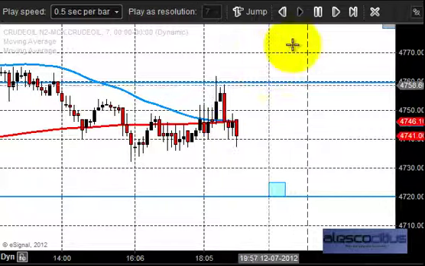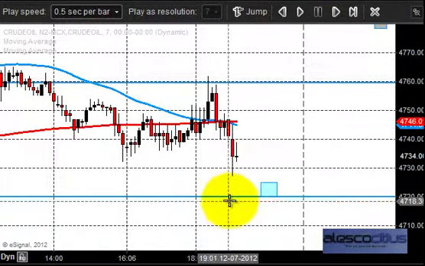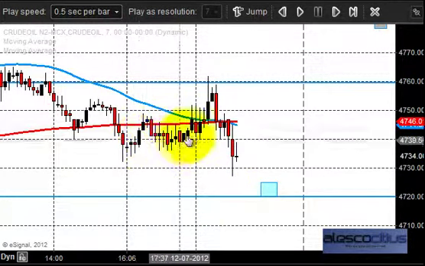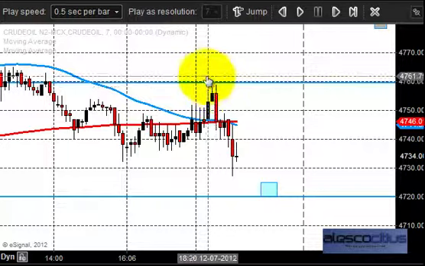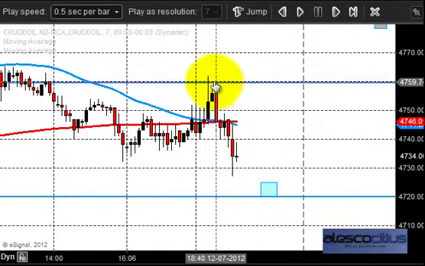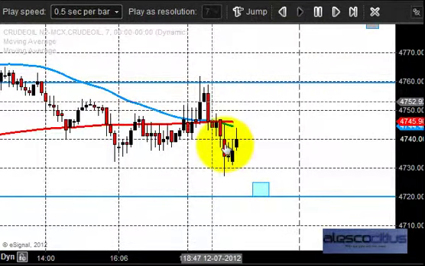We expected that between 4,700 and 4,720 the crude will have some buying. The market again tested 4,760, but even then it couldn't sustain it. So it clearly acted as a resistance and pushed the crude market down.